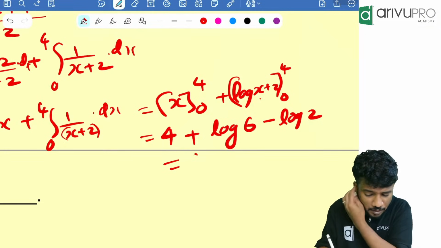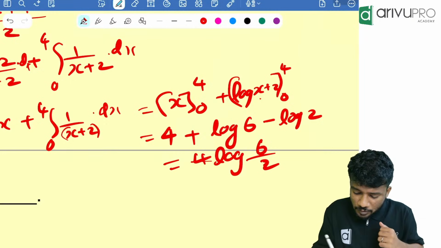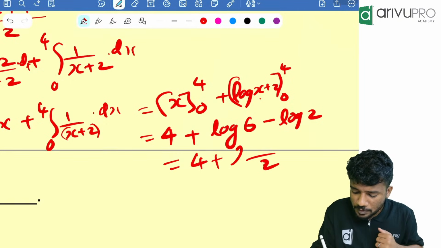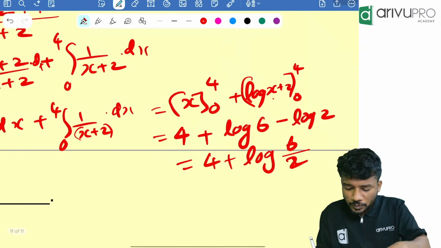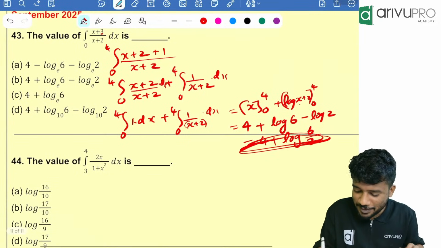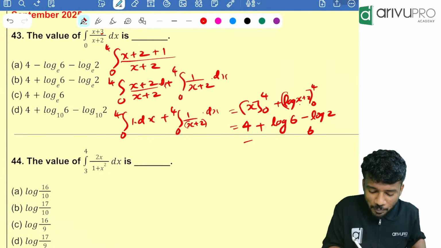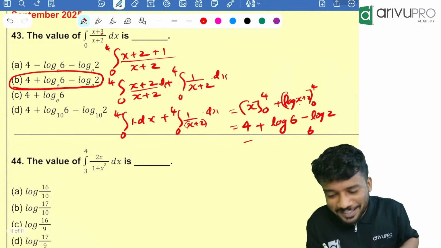So the answer is 4 plus log 6 minus log 2. Option B is the answer.